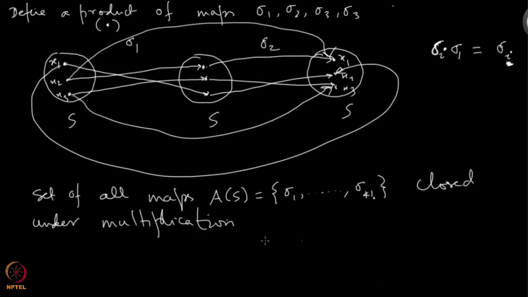So, these elements are now like your Lorentz transformations. These x1, x2 are like your space time points, these elements are like your Lorentz transformations, and the product there was matrix multiplication, but here it's just composition. Now what we are talking about is something even more basic and elementary.